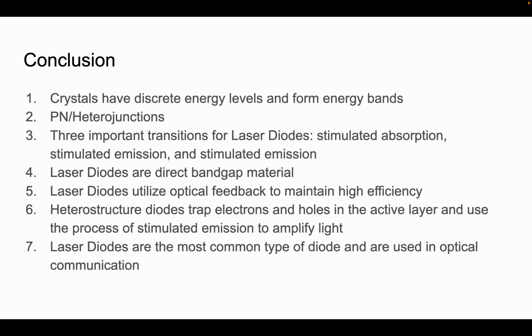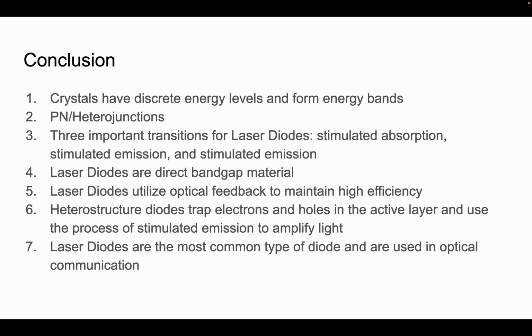Okay, so the conclusion. In this presentation, I started with crystals, how they have different discrete energy levels, and then they split into energy bands. Then I talked about the PN heterojunctions.